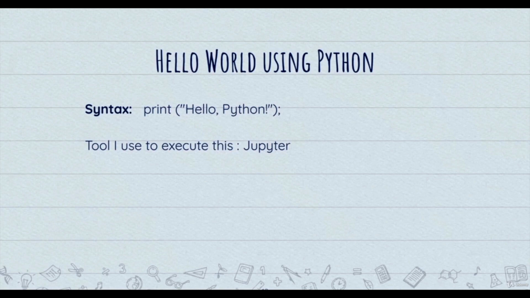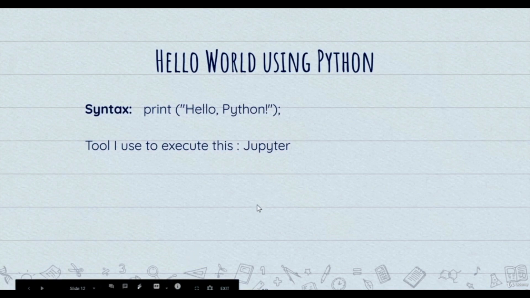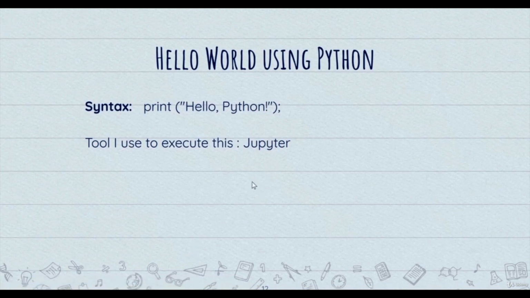It exists to develop open source software, open source standards, and services for interactive computing across dozens of programming languages. So this is all about Jupyter, and we'll get quickly into the working functionality of this syntax using JupyterLab.